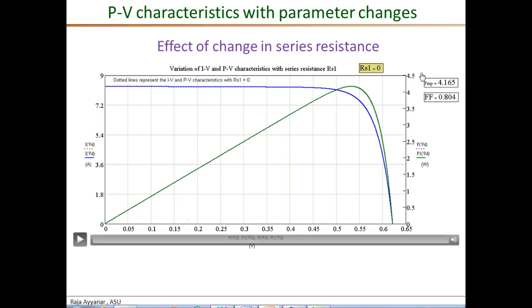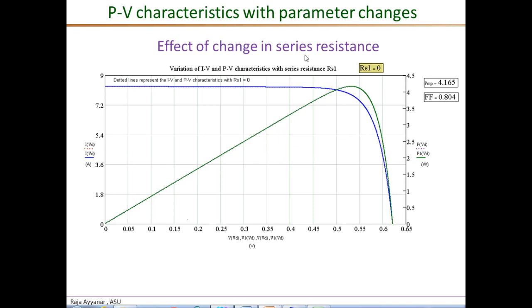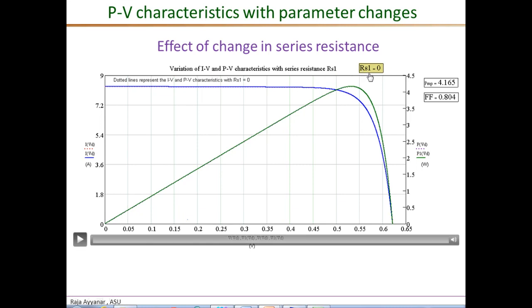I will show an animation created in MathCAD illustrating the effect of continuous variation in this series resistance on the power voltage curves. Now, the reference plot that you see here corresponds to the ideal case, meaning the series resistance RS or RS1 as shown here is 0 for this case.